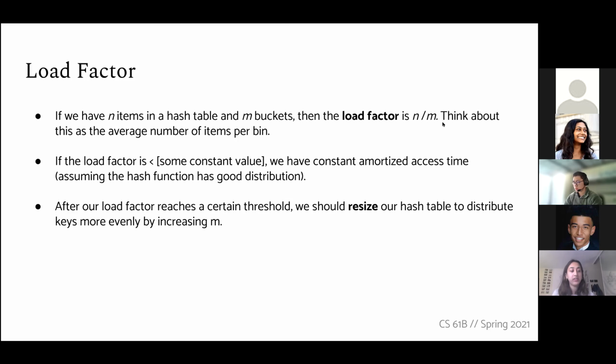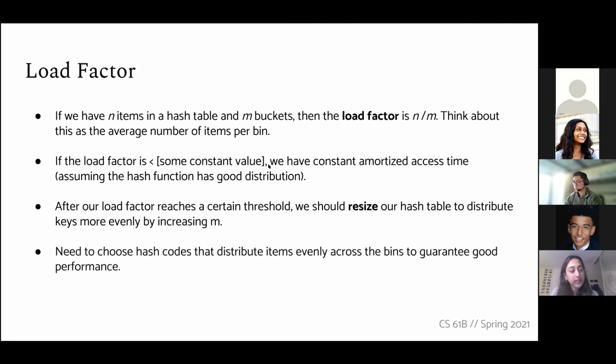You don't want to have as many collisions. And so we can resize our hash table to distribute the keys. And then the last thing is that we need to choose hash codes that distribute items evenly across the bins to guarantee good performance. That's a point I've been making repeatedly in the previous slides as well. That's what makes hash maps so great, and what enables that constant time. It really depends on your hash code and your hash function.